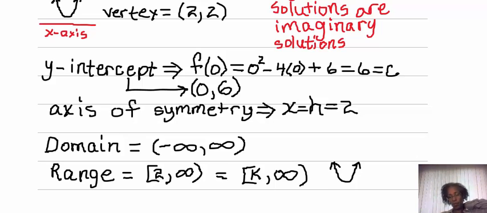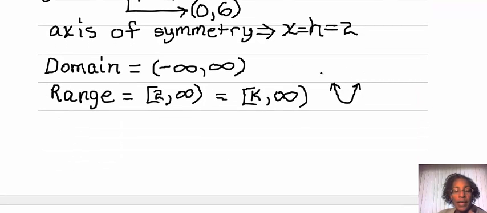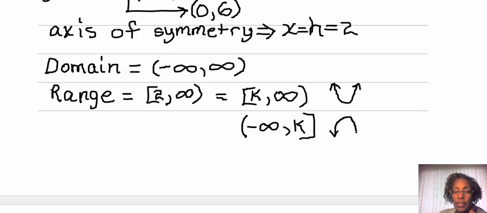If the parabola had opened downward, the range would have been all real numbers smaller than or equal to k, because then k is the highest y value. When the parabola opens upward, k is the smallest y value.